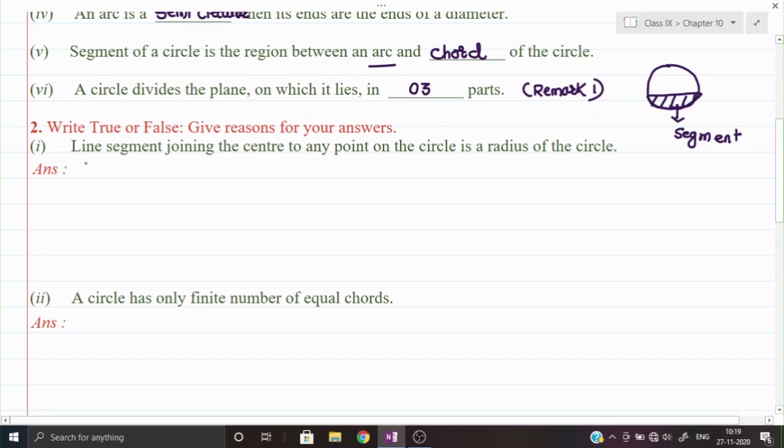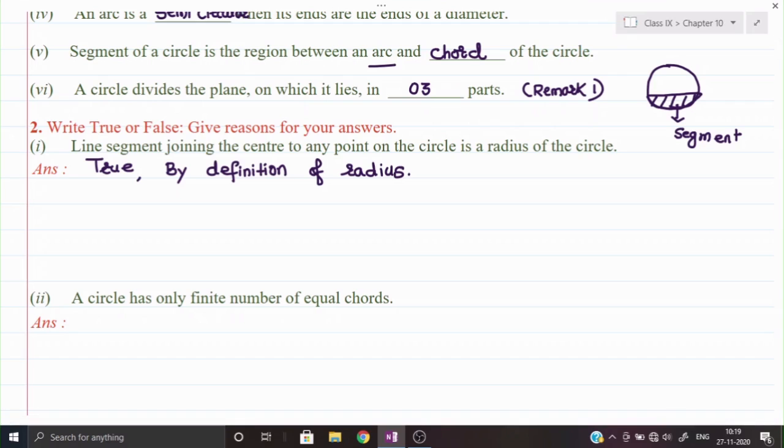Yes, true, by the definition of radius. What is the definition of radius? The distance between the center of the circle and any point on the circumference of the circle is called the radius of the circle. So this statement is true.